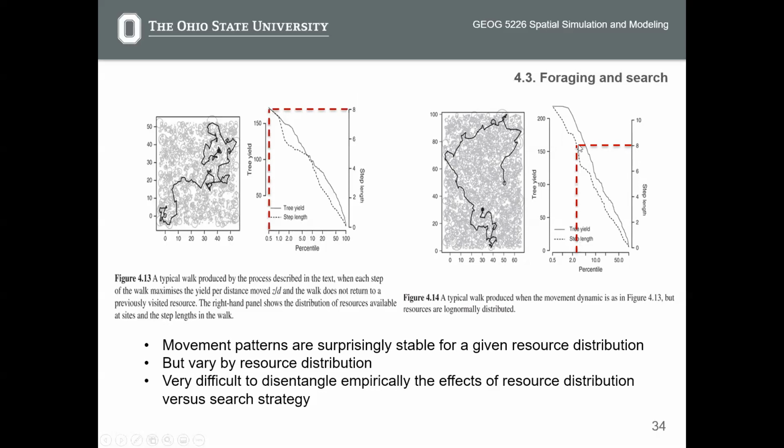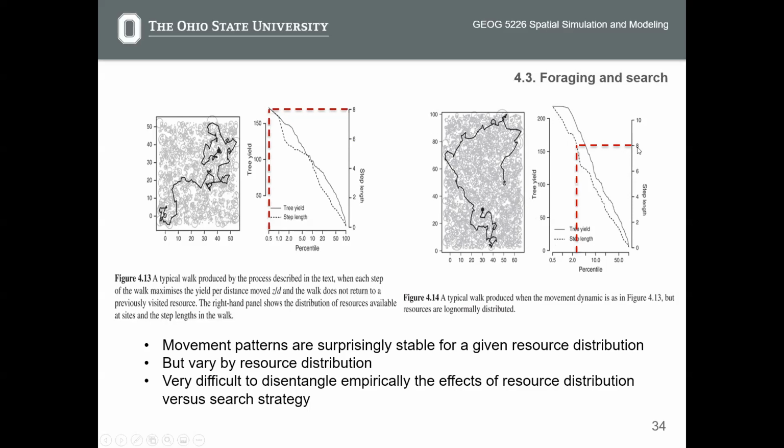What's the percentile for a step length of 8? It's more than 2%. On the left side, it was only 0.5%. And here, of course, this percentile is cumulative. So let's just say this is the 2.3 percentile, which means that in this simulation, more than 2.3% of steps are longer than 8 distance units.